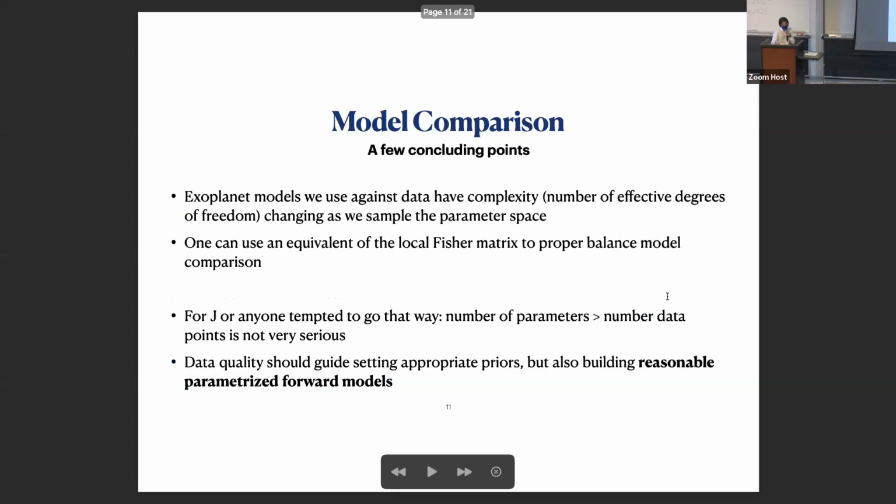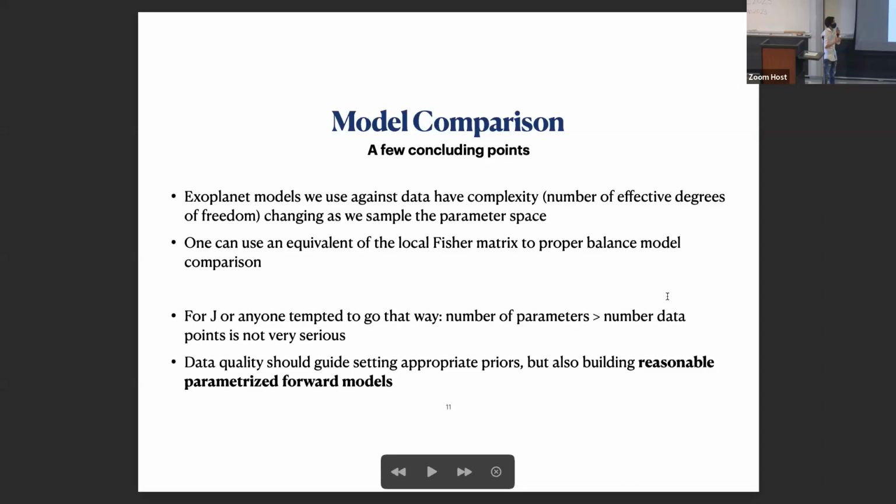And this whole example is to say, okay, what we really care about in our code and in our models in exoplanets is some kind of effective number of degrees of freedom. And that's something that is very, very hard to compute. You can approximate it. There are techniques to approximate it. Basically, you walk around the solution and you try to estimate if your parameters still have an influence on your model or not, according to some noise propagation.